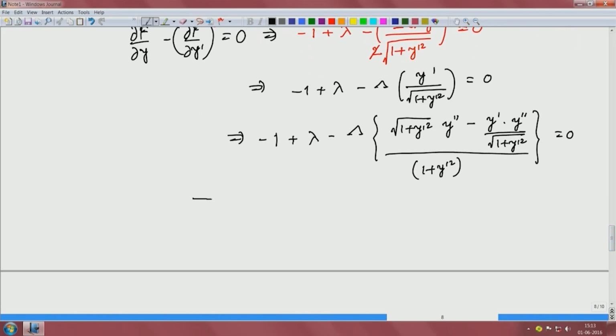Now, if we further proceed, minus 1 plus lambda minus Lambda, if I take the LCM of the top portion, that will give 1 plus y'^2 into y''. So, let me write that.